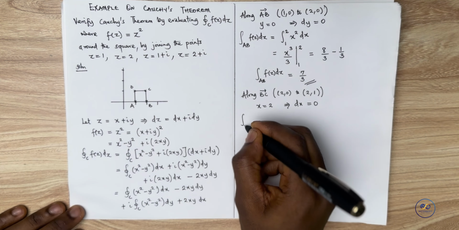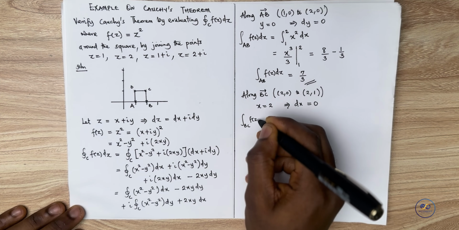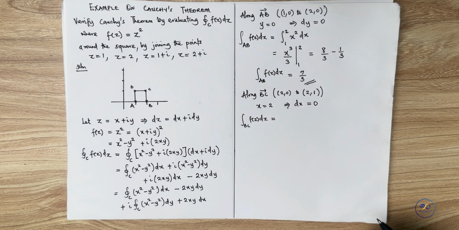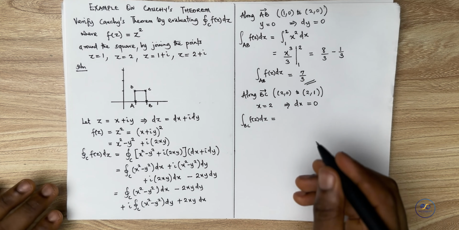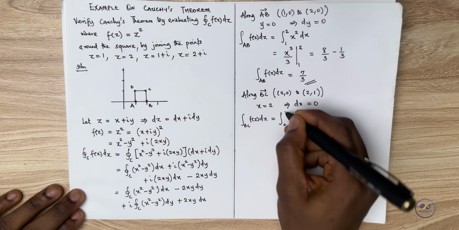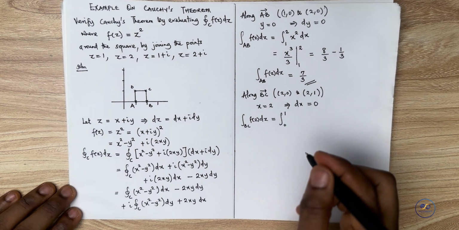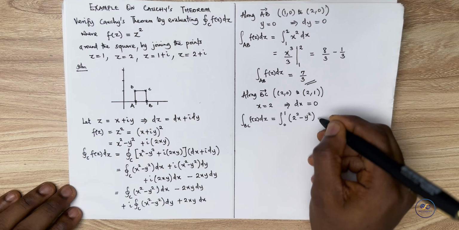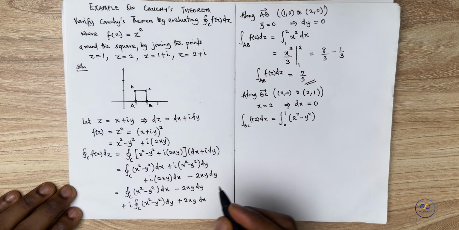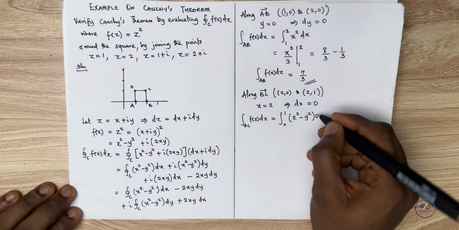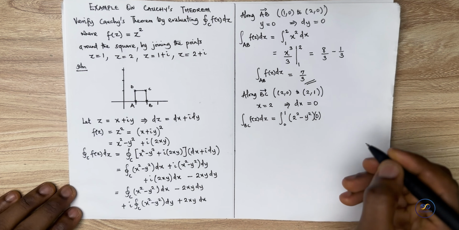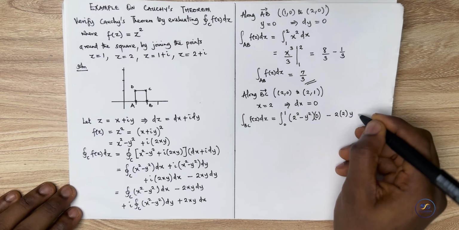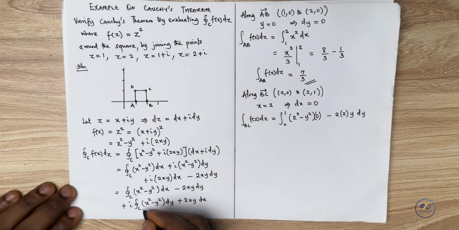So the integral along BC of f of z dz would now be, of course, y is the changing value from 0 to 1. So we're going to have the integral from 0 to 1 on the first side. This would now have reduced to 2 squared minus y squared, times 0, so it cancels out. And then this is what remains. So we have minus 2 multiplied by 2y dy, and we can shorten this.